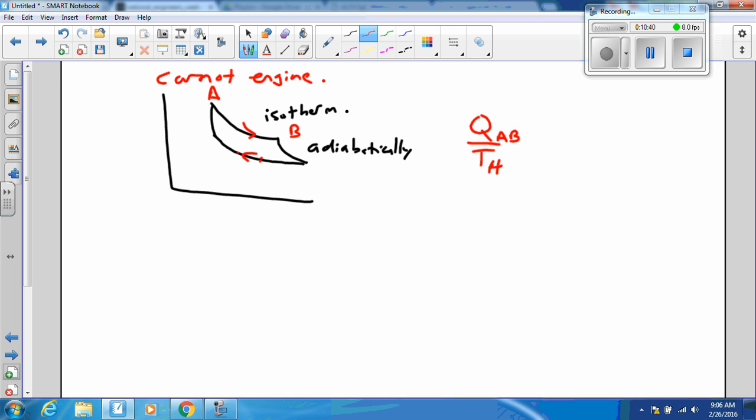The negative amount of entropy that we have for this process is always going to be less than the positive amount of entropy that we have for that process. And we go back adiabatically again, and no entropy change there. And so delta S for the hot part of the process is always going to be greater in magnitude than the delta S for the cold part of the process.